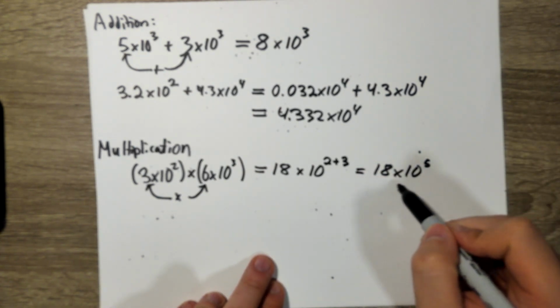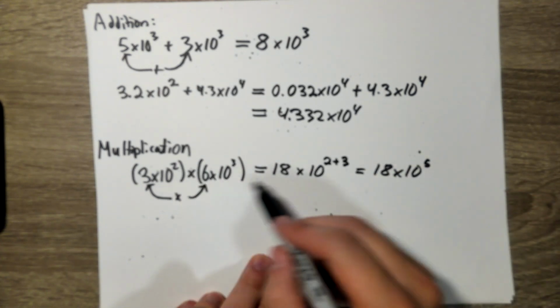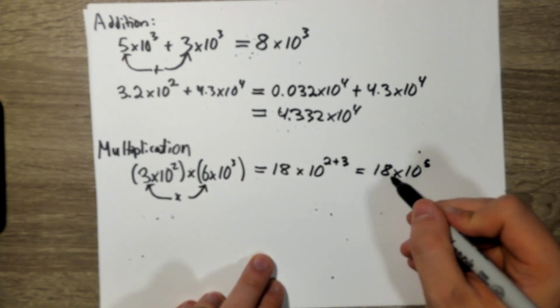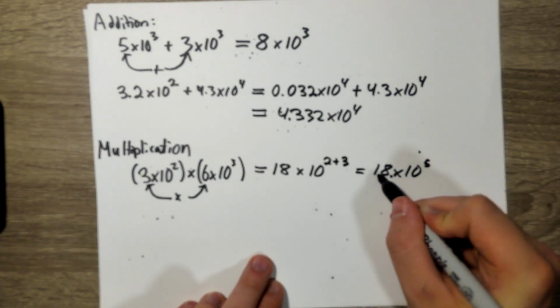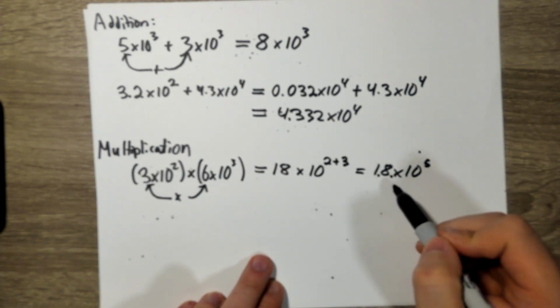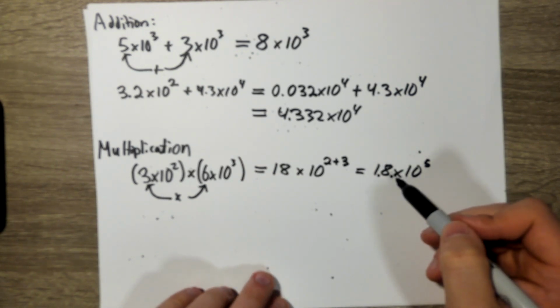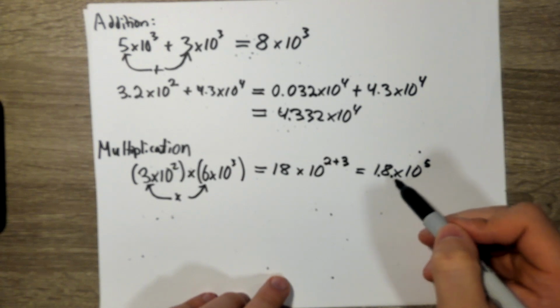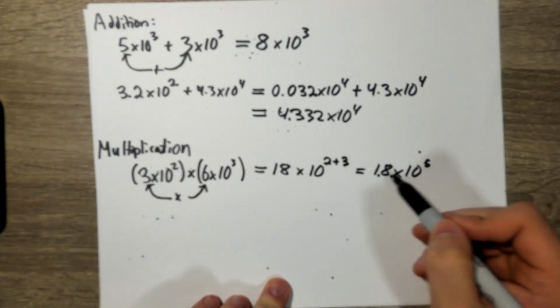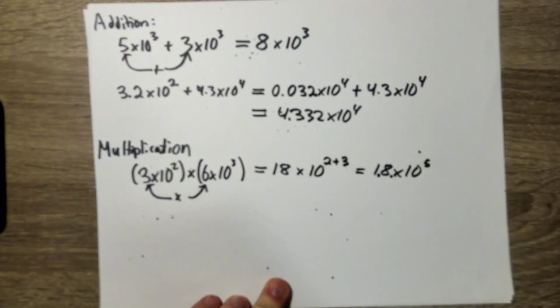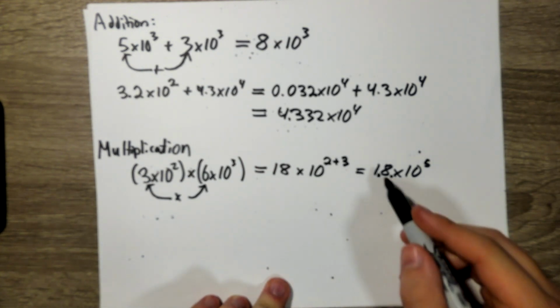Now, if you notice, I've written this as 18, where the decimal place is here, and like I mentioned, we normally want it here. This is okay, but it's not really conventional, and it's much nicer to write it with the decimal point behind the first number.